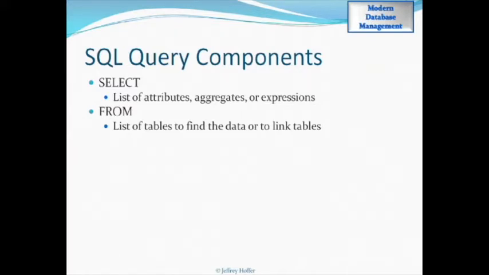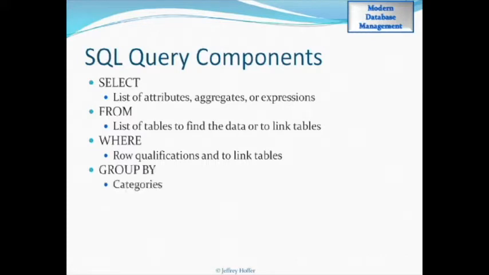The select and from clauses are the only two that are required, but there are other clauses that are often needed. For example, the where clause qualifies which rows from the tables in the from list to use to produce the select list results, and maybe to specify how to link tables from foreign keys to primary keys.